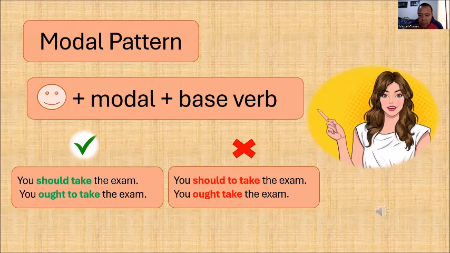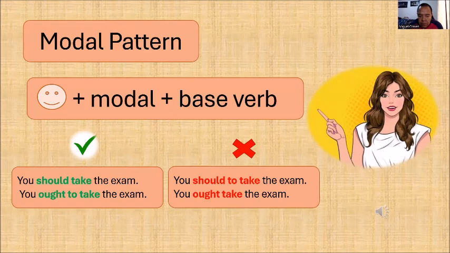You should never use to after a modal, unless it's a part of the modal expression. You must take into account that for a modal expression that includes to, such as ought to, think of to as part of the modal expression and not as part of an infinitive verb.